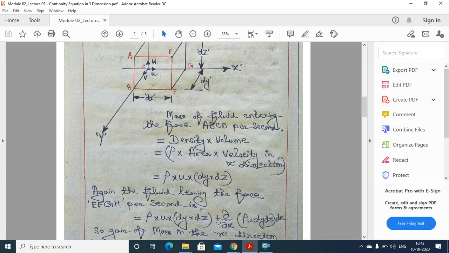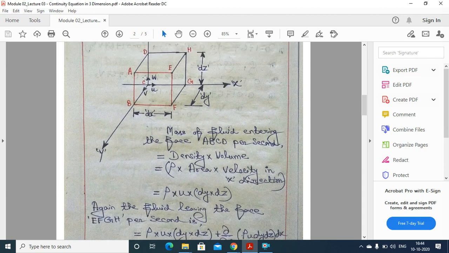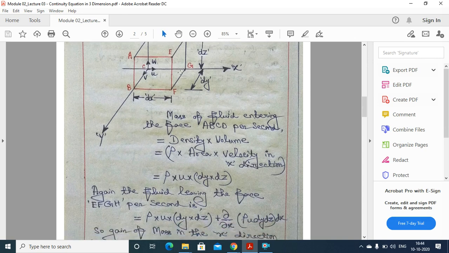Now the amount of liquid which is flowing along the x direction from the face ABCD to the face EFGH will be del x into rho into u into dy into dz into dx.